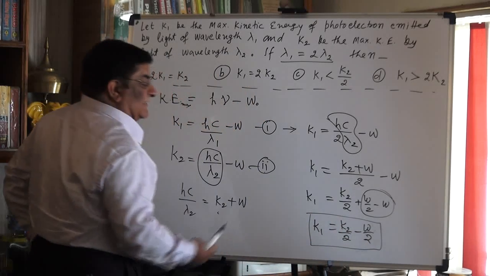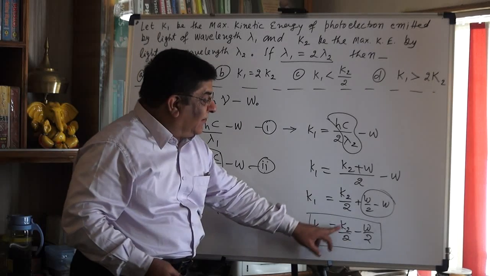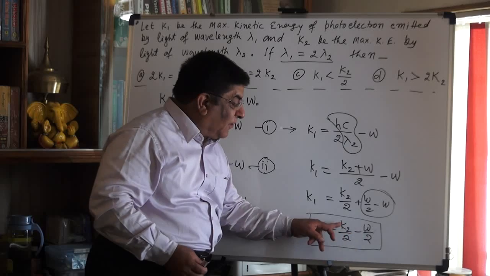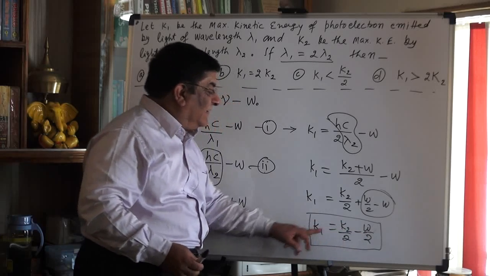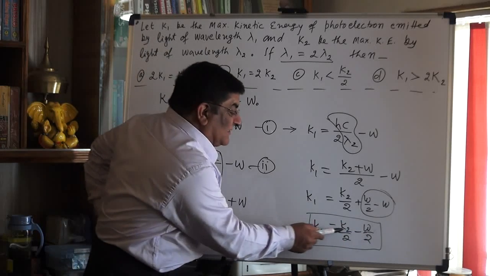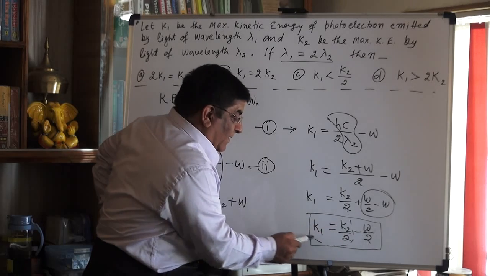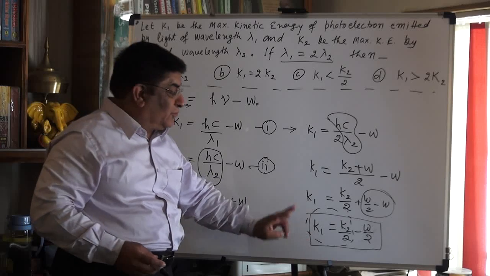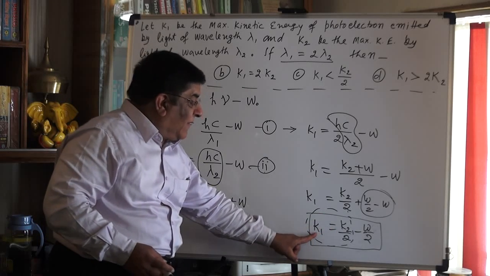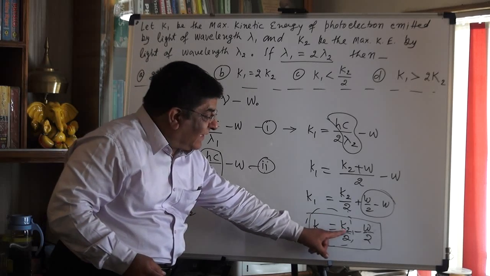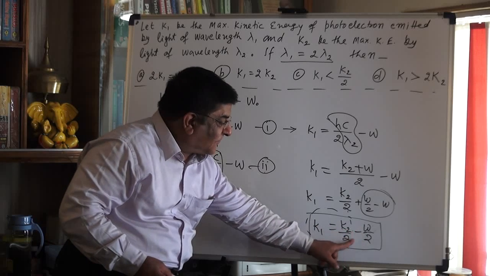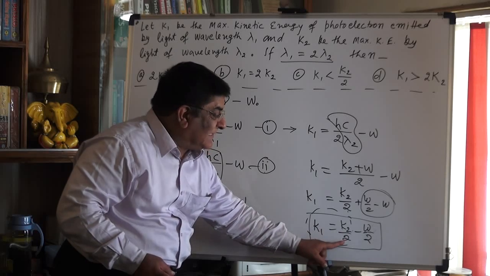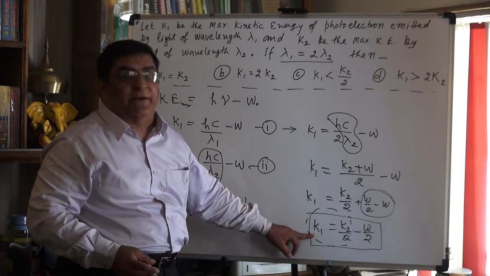Now we examine it. K1 is equal to K2 upon 2? No. We decrease something from K2 upon 2, and then it is equal to K1. So which is bigger out of the two? See this inequality. When something is decreased from K2 upon 2, it becomes equal to K1.